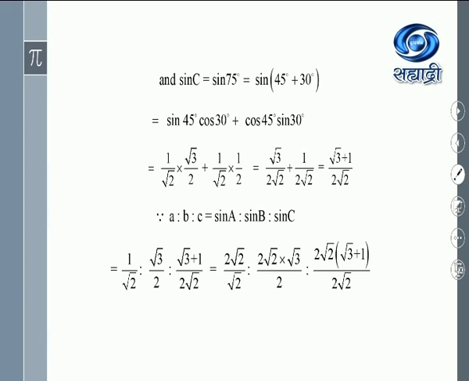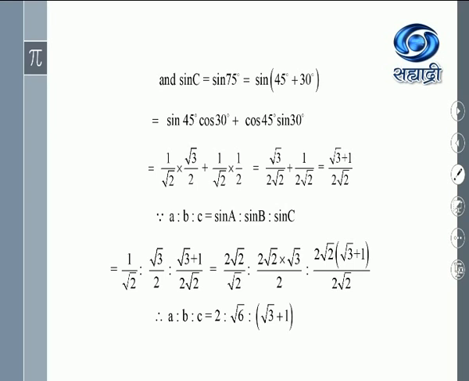Now simplify further. This root 2 and root 2 get cancelled. This 2 and 2 get cancelled, and root 3 multiplied by root 2, the product is root 6. This 2 root 2 and 2 root 2 get cancelled, and we are left with root 3 plus 1, which is this step. So we have 2 is to, the product of root 2 into root 3 is root 6, is to root 3 plus 1.